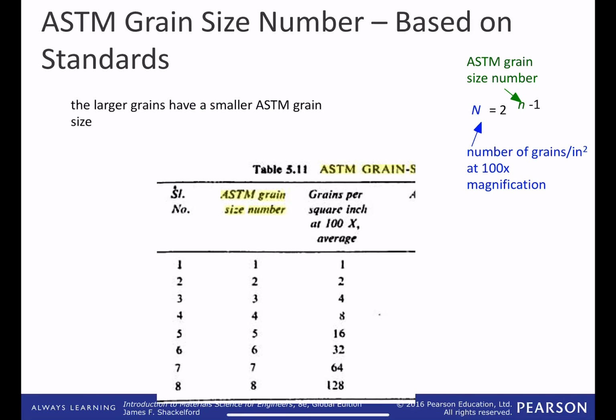Okay, so here's some data from an old resource where we have the grain size number. So this was our N value, and here we have the number of grains per square inch for images acquired at 100 times magnification. And here you can see the result of solving for that exponent term lowercase n in our equation.